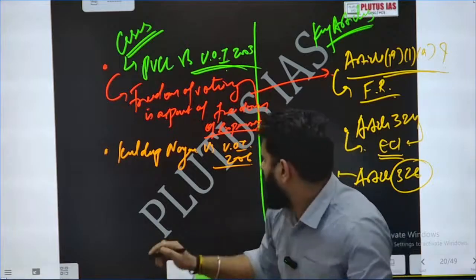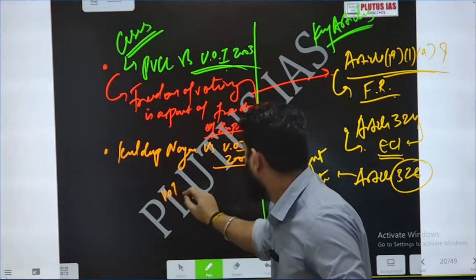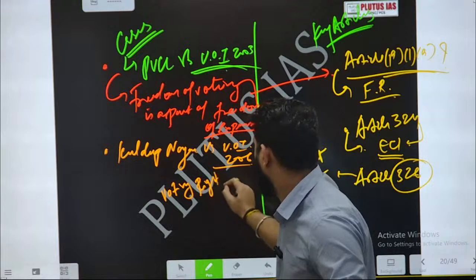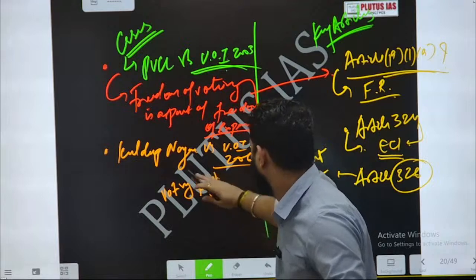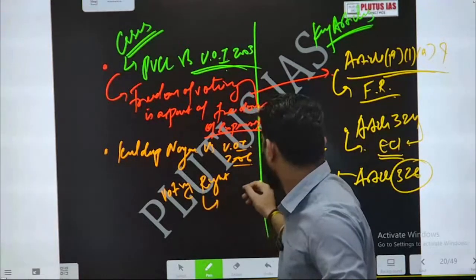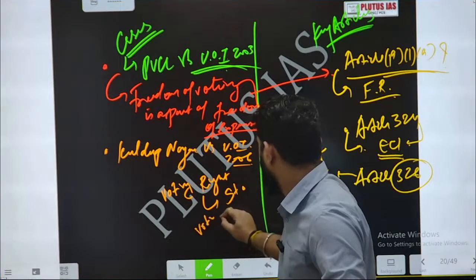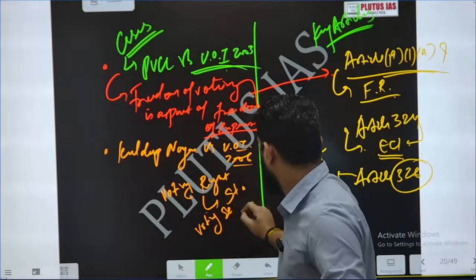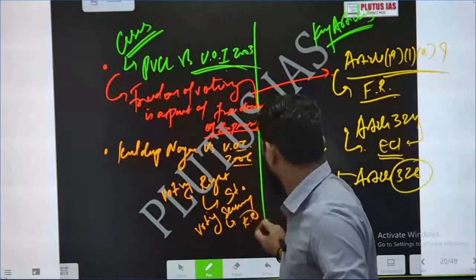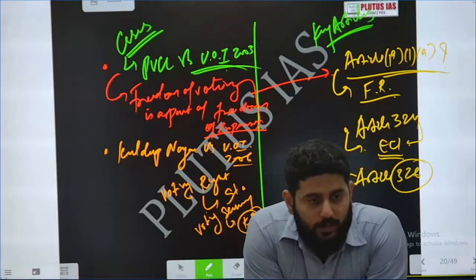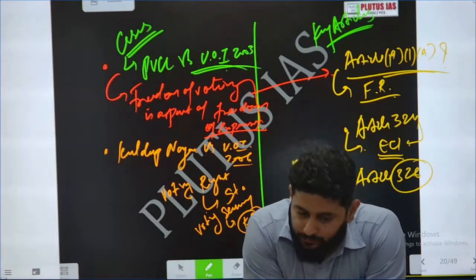What? Voting right is statutory, but voting secrecy is fundamental. समझ में आया इस चीज का है ना?